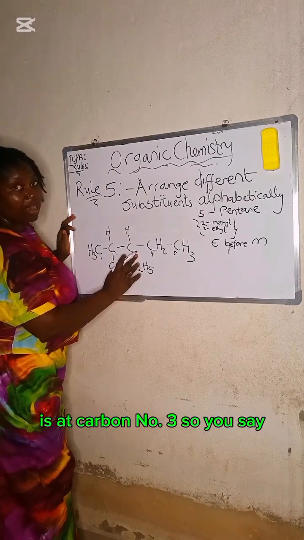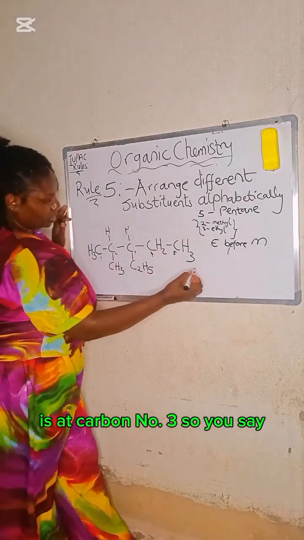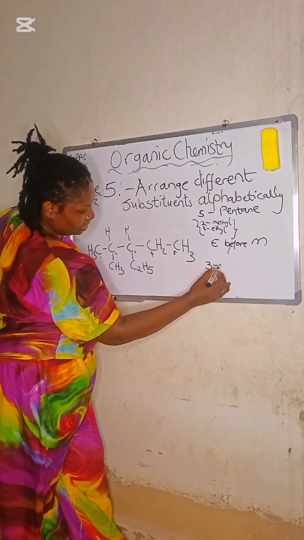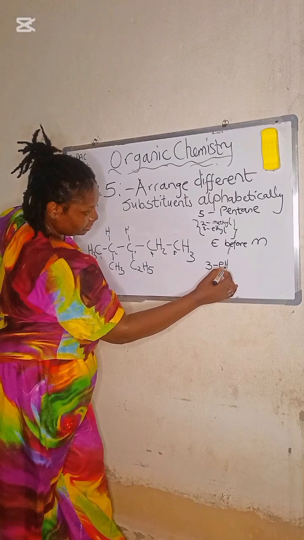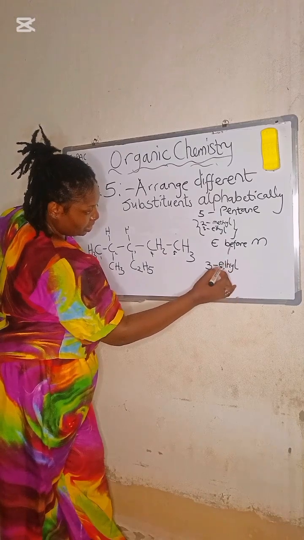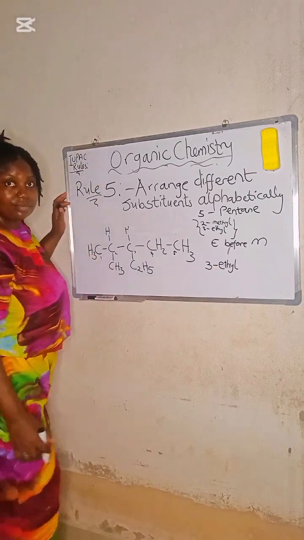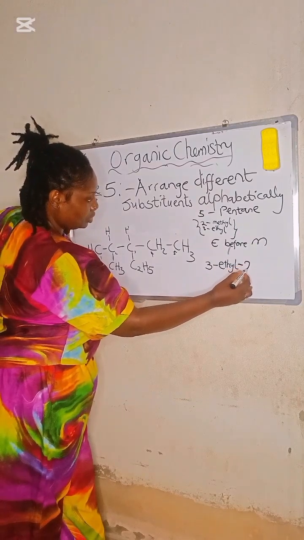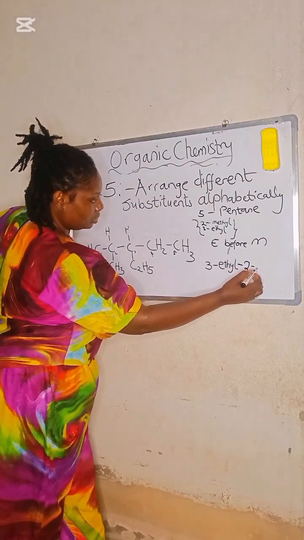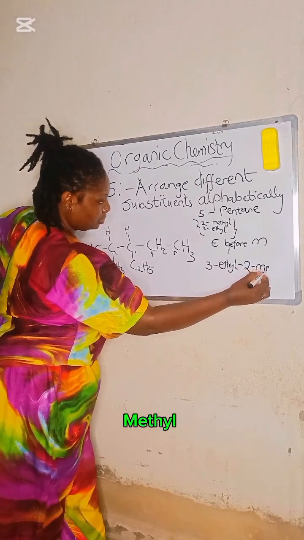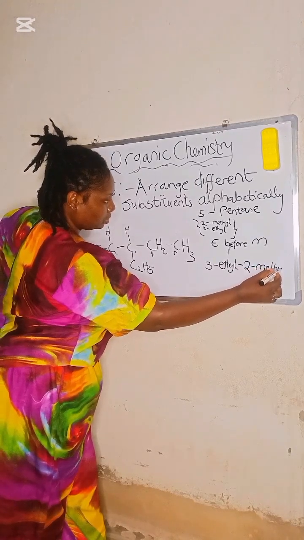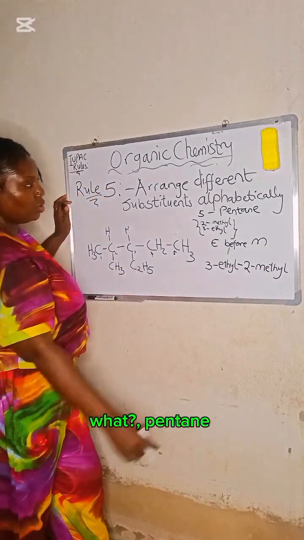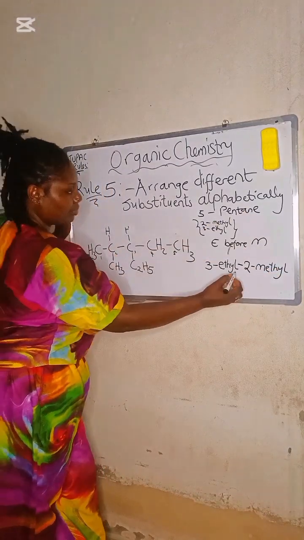It is at carbon number 3. So you say 3-ethyl-2-methylpentane.